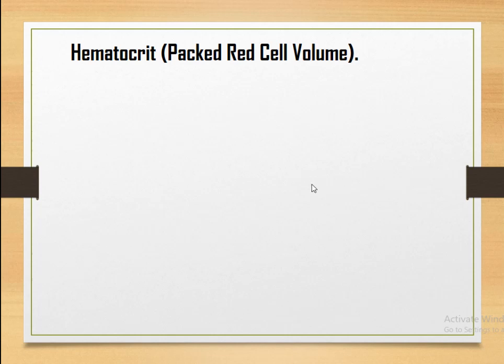The best term that we can discuss at this moment is hematocrit. So the question is, what is hematocrit? Just from the word hemato, you can simply say that this is talking about what? Red blood cells.